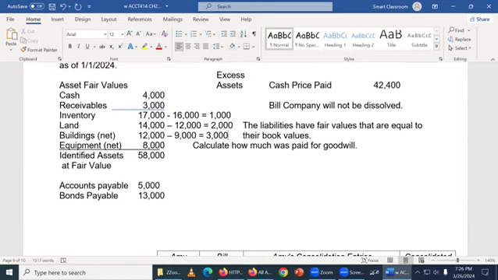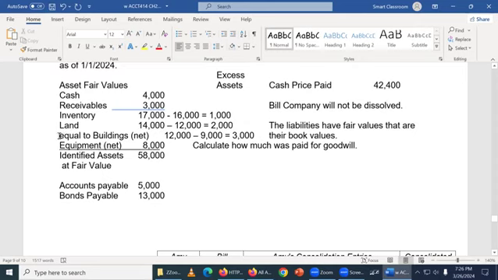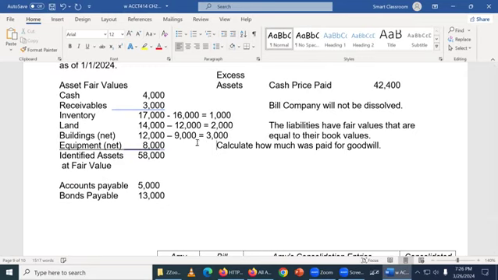Okay, now calculate how much is paid for goodwill.